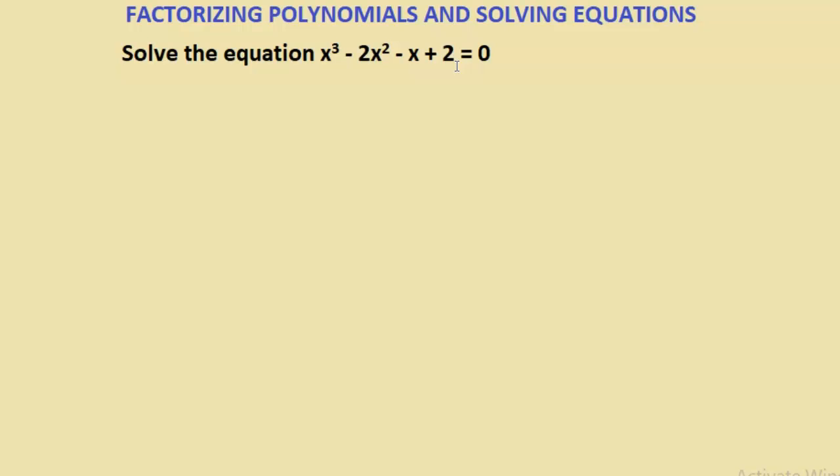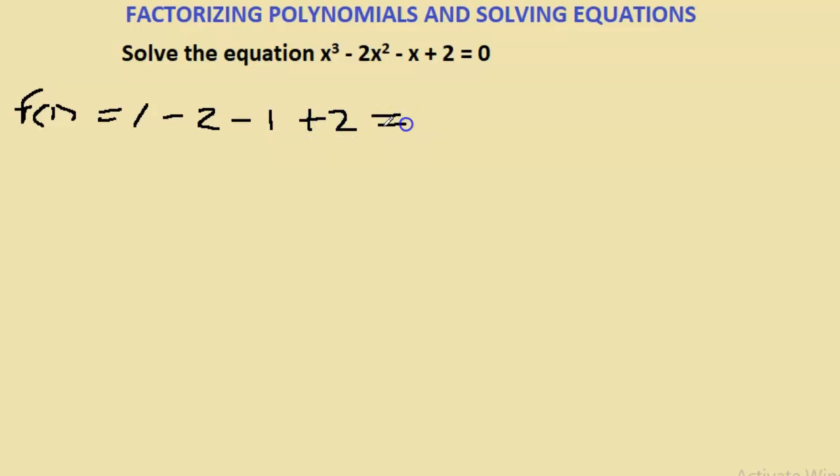Good? Let us start with 1. Let's try 1 and see if 1 is a factor. So, let's find f of 1. f of 1 is equal to 1 cubed, which is 1, minus 2 times 1, which is minus 2, minus 1, plus 2.